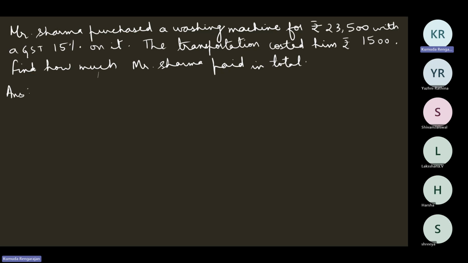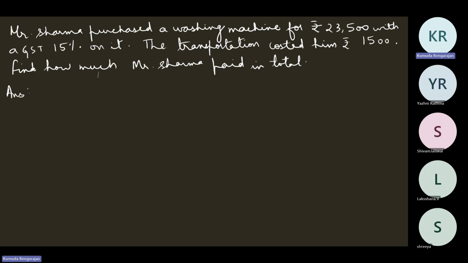If nothing is mentioned, that means tax has to be added. Remember that. If the value of tax is already included in the price of the product, it will be given to you. 23,500 inclusive of GST or inclusive of the sales tax will be mentioned. If nothing is mentioned, that means the tax value has to be added.